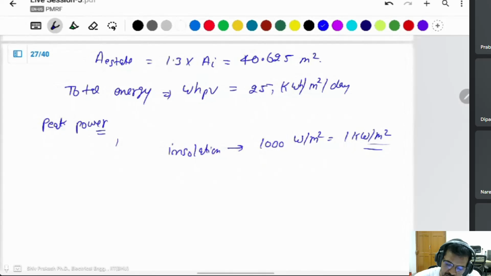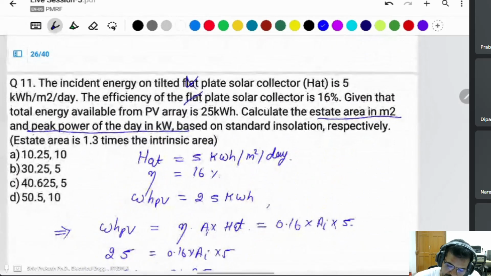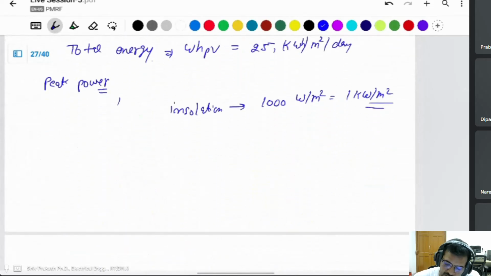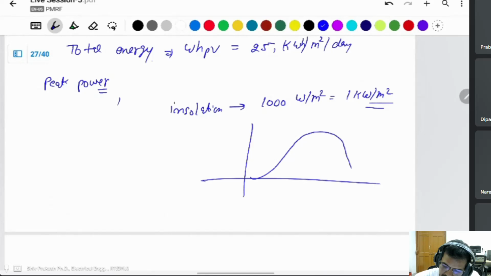But the total insulation is given, the incident energy on the tilted plate solar collector, that is 5 kilowatt hour per meter square per day. It means, what is the hour? How many hours? Consider the standard 1 kilowatt per meter square, average of this one. Then it will be 5 hours, a duration of 5 hours.